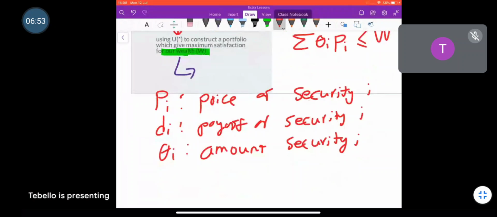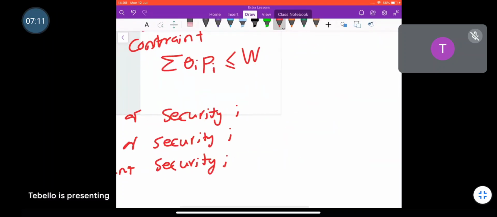Before I continue, about this payout: the payout includes the dividend of your security as well as the price, right? So let's say your asset at time 0 costs 10 rand, and in the future at time 2 it is going to cost 12 rand, and it will also have a dividend payout of 0.5.